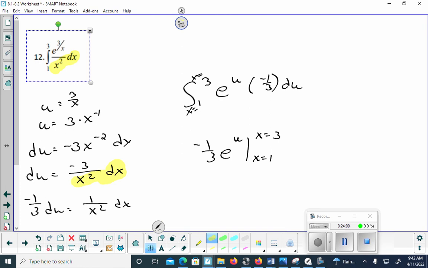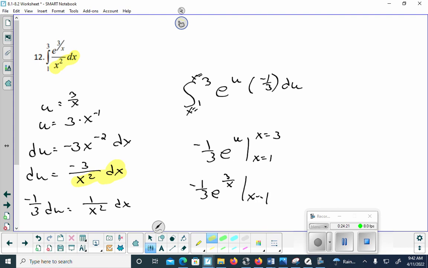So now I'm going to substitute. So then negative 1/3 e to the 3 over x, so what we're going to do is, this is x equal to 1, x equal to 3.